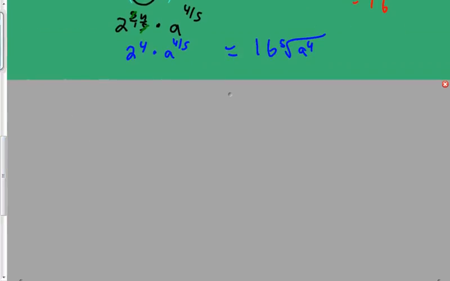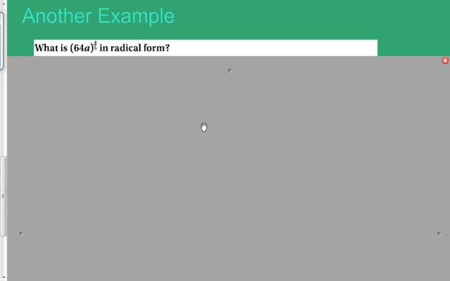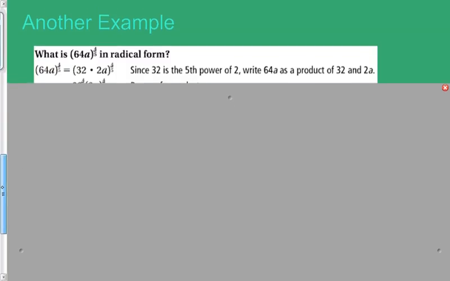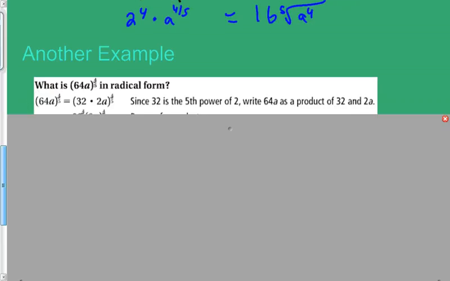So now we've done a couple examples. We're going to do one more, and then I'll let you try some on your own. So what is 64a to the 4/5 power? We're going to first distribute that 64 to both parts. And actually, we're going to break apart 32 again. I mean, you can do it both ways.